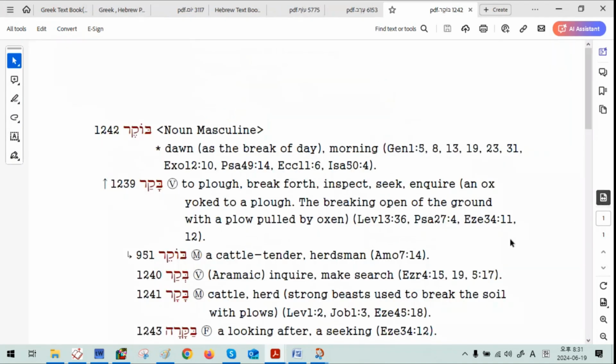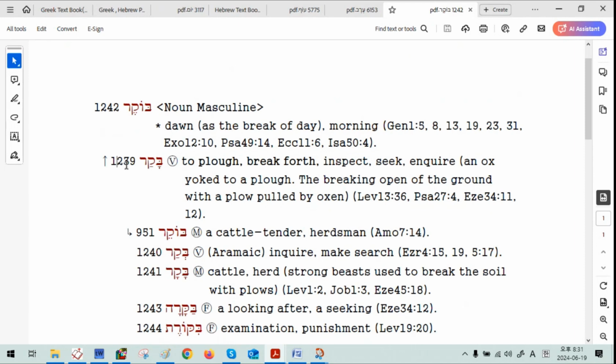The pronunciation, this word is boker. Boker in the dictionary says dawn as the break of day, and morning. And then 1239 is the verb bakar, to plow, break forth, inspect, seek, inquire. As an ox yoked to a plow, breaking open the ground with a plow pulled by oxen.